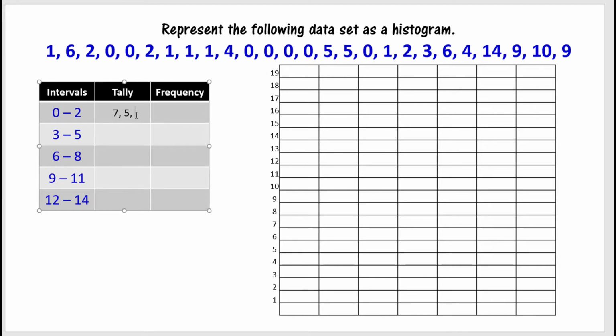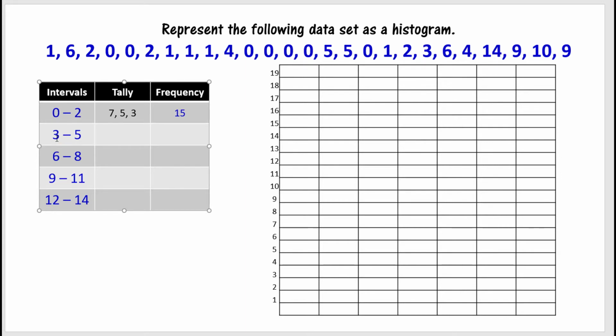We have 3 twos. So we will add all of these numbers up and determine our frequency. So if we add 7 plus 5 plus 3, we get 15. So there are 15 numbers in our data set that are between 0 and 2.